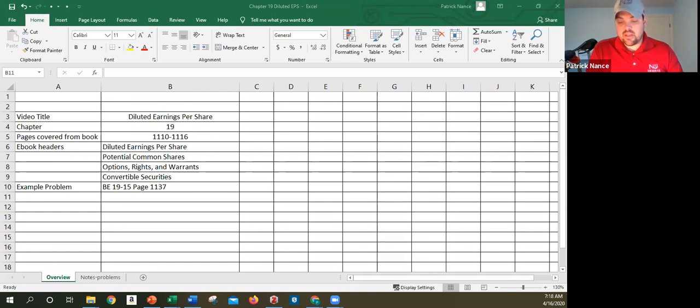Besides convertible bonds, other potential common shares that are convertible are preferred stock, options, and contingently issuable securities. A firm with a complex capital structure reports two different EPS calculations: basic EPS, which we talked about last video, which ignores the dilutive effect of these securities, and diluted EPS, which incorporates those dilutive effects.